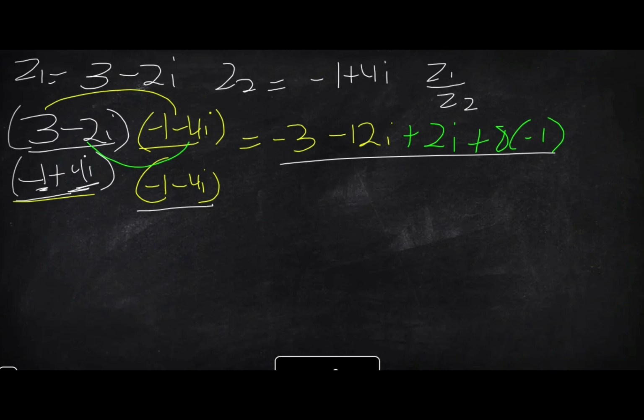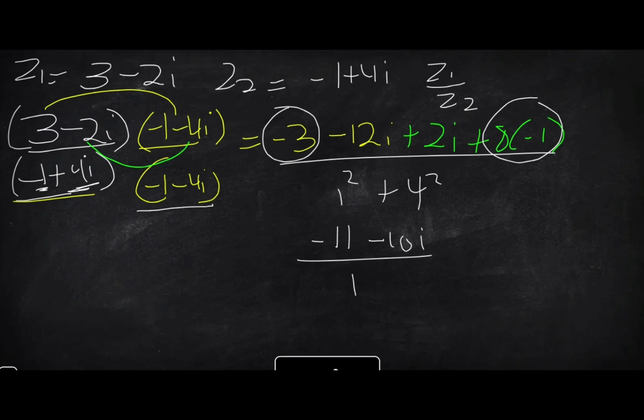So that is 1 squared plus 4 squared. -3 minus 8 gives us -11, and then -12 plus 2 gives us -10i. So all over 17.